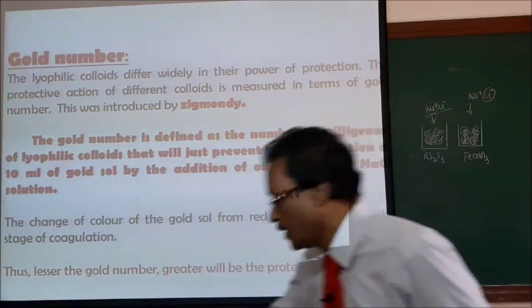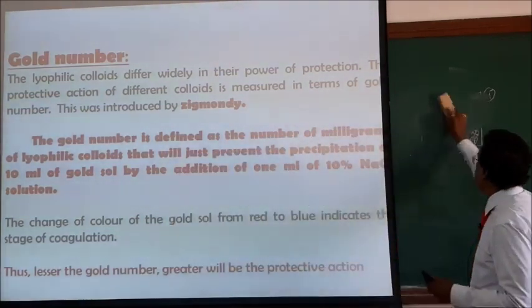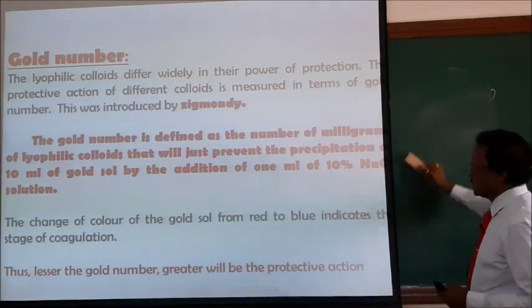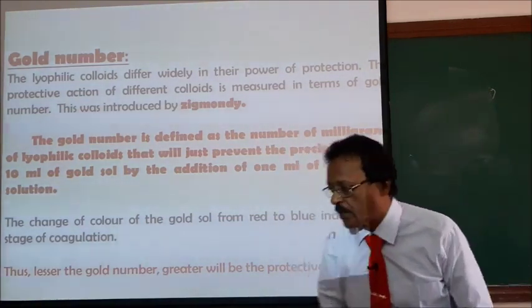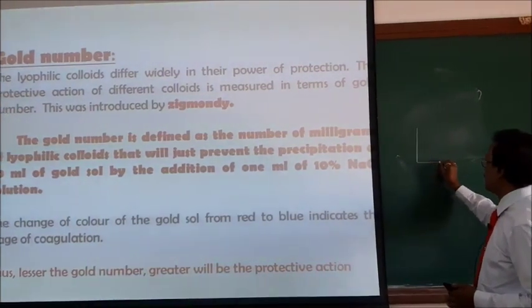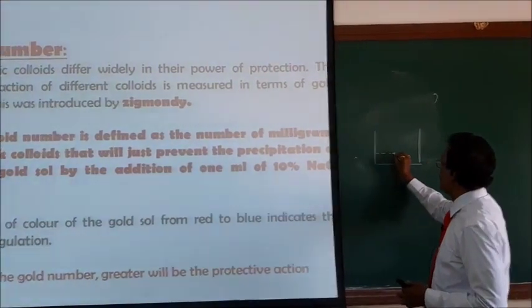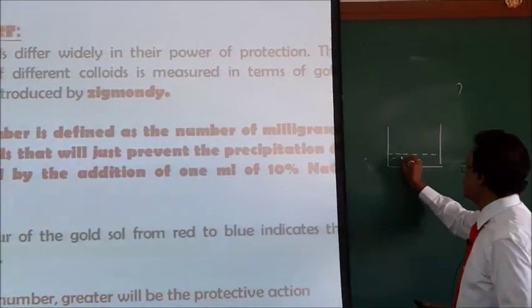If I define the gold number, you may not understand. Let me just explain and then I will define. Some standards are used to define the gold number. Let's say I take a beaker. In this beaker, I take 10 ml of gold salt, 10 cm cube.